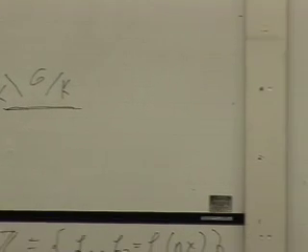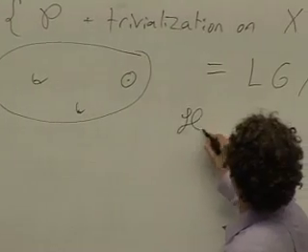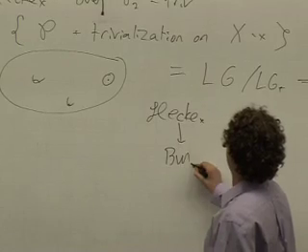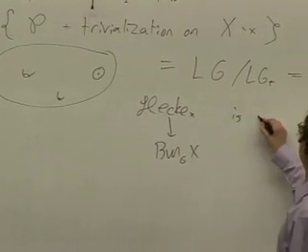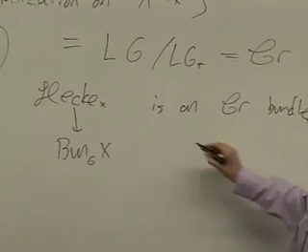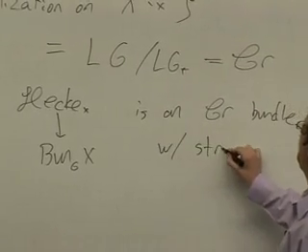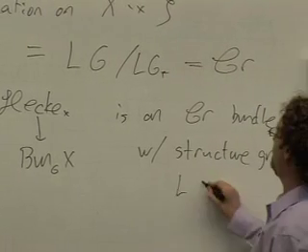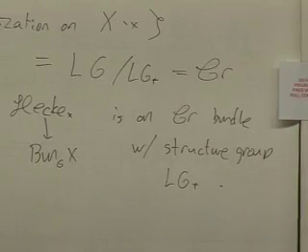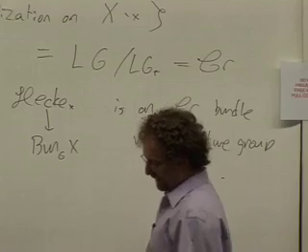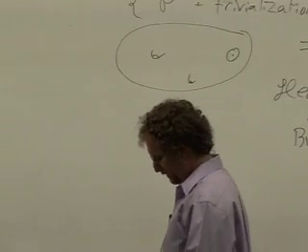OK, so in other words, one way to say this is that Hecke_x mapping to Bun_G is a G-bundle with structure group LG plus. So that's the shape of this over one of the factors. OK, so this is what the space looks like.